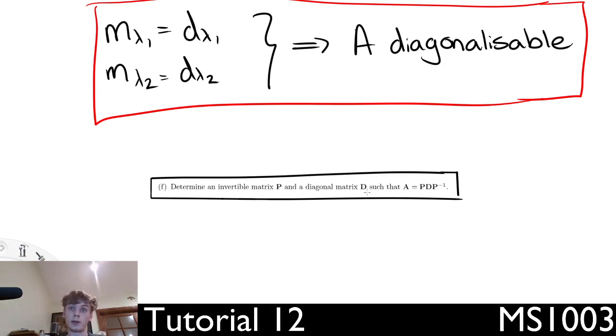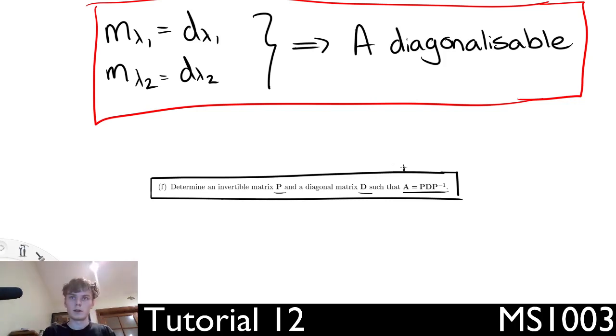D is a diagonal matrix. So, this being true, the fact that I'm able to find a P and a D to write this down means that A is diagonalizable. I can come up with a matrix so that I can turn A into a diagonal matrix D as long as I have P and P inverse on the other side to this.